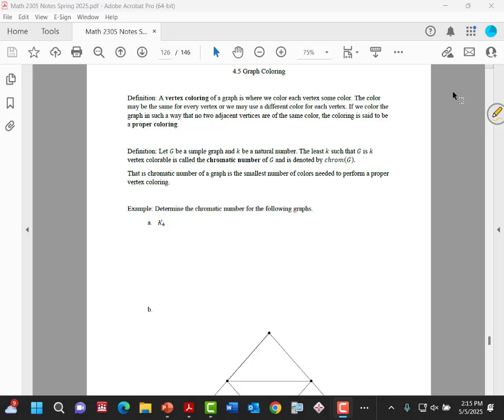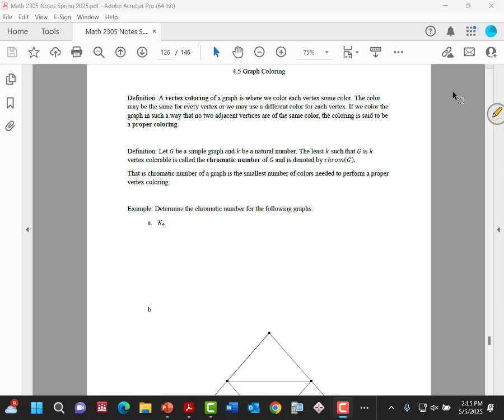So if I wanted to color each vertex the same color, say red or blue, I could. Or if I wanted to use a different color for each vertex, maybe I had a graph with 4 vertices and I wanted to use 4 different colors, then I could do that.